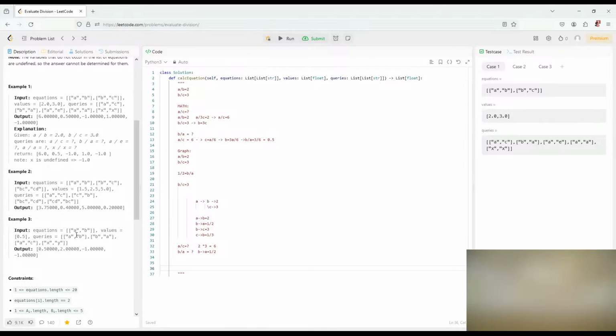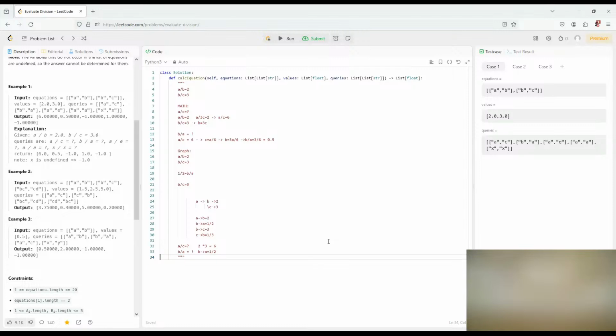Yeah, so this is 1.5 and this is the opposite of 1.5 or 0.5. Which is 2, right? Is this 2? It's 2, okay. Now we got something.